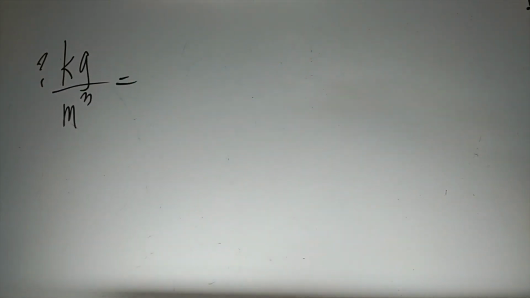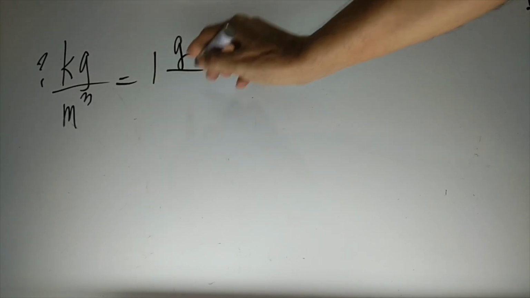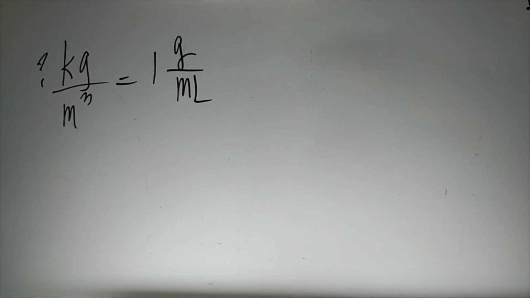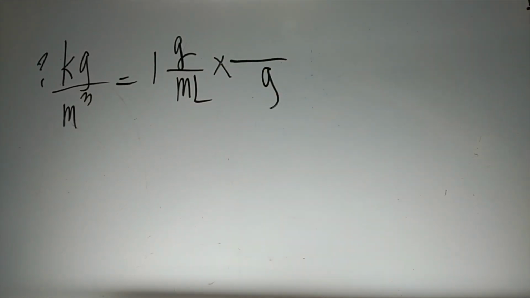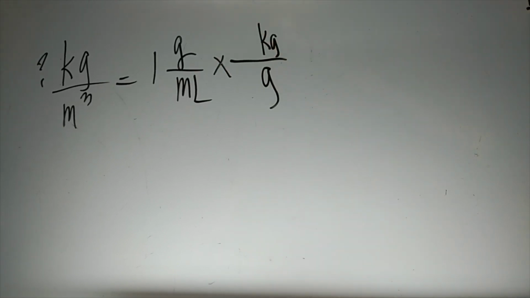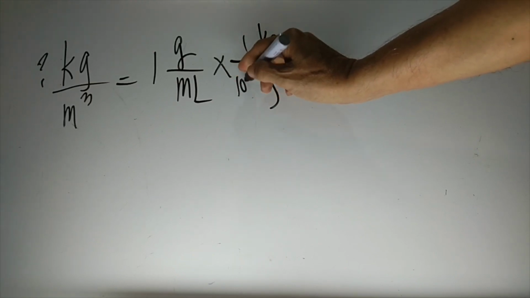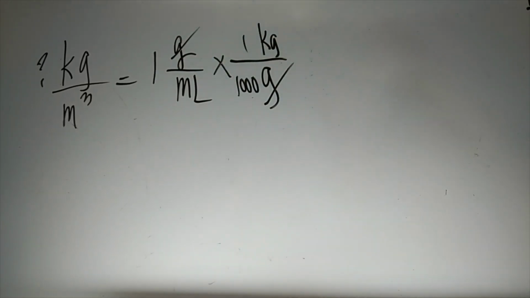Equate to what is given, 1 gram per milliliter. Okay, I want to change gram first. So, gram will be at the bottom and change it to kilogram on top. The relationship is 1 kilogram contains 1,000 grams. Cancel the gram here.